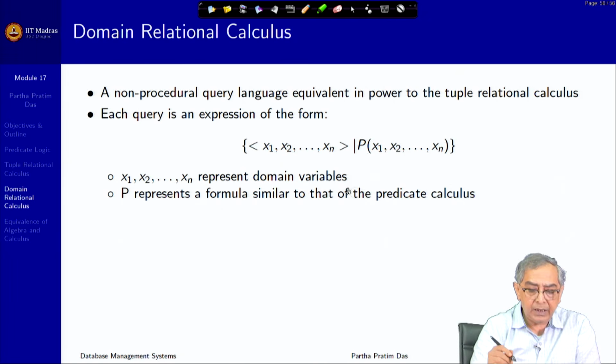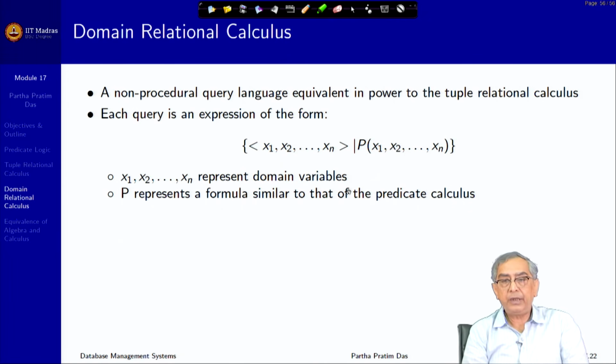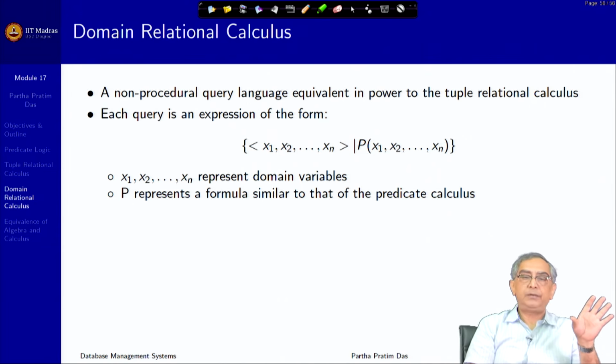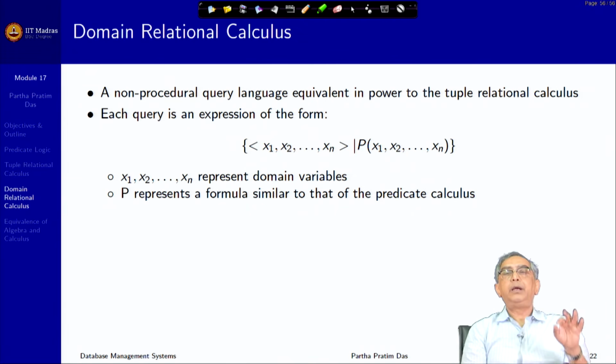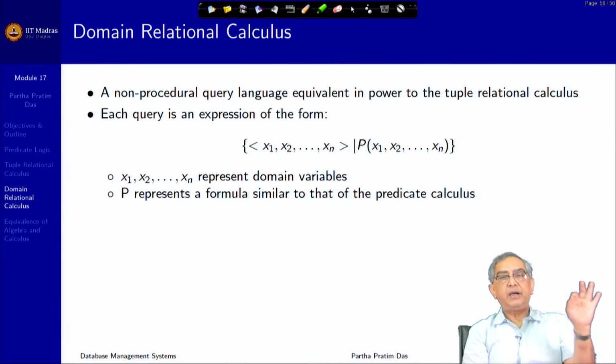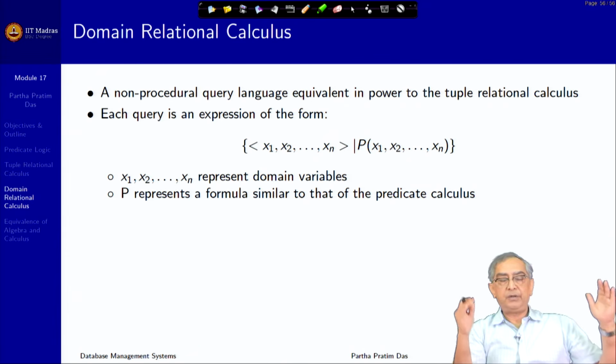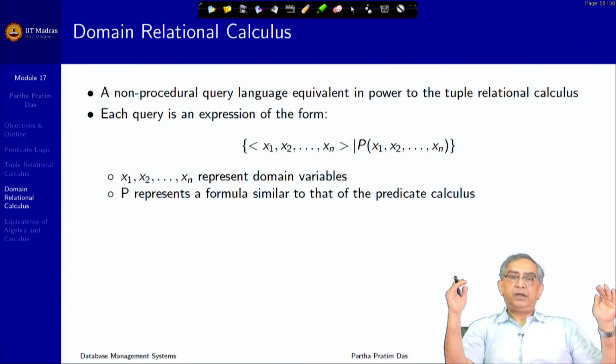The domain relational calculus, I will not go into details. There is practically no difference between the tuple relational calculus and domain relational calculus except the notation. In the tuple relational calculus, you have a variable for the entire tuple clubbed together. In domain relational calculus, every attribute is a different variable. So, you have a Cartesian product of that.